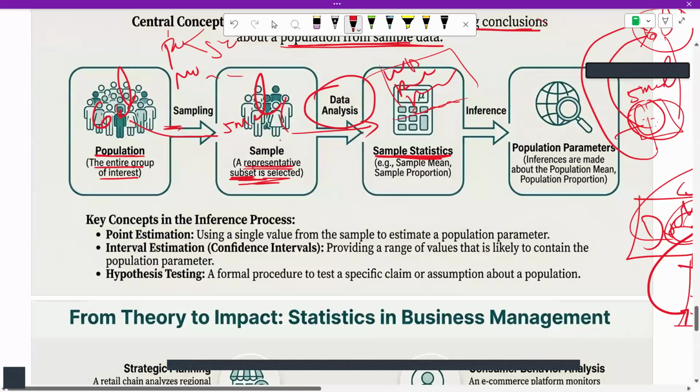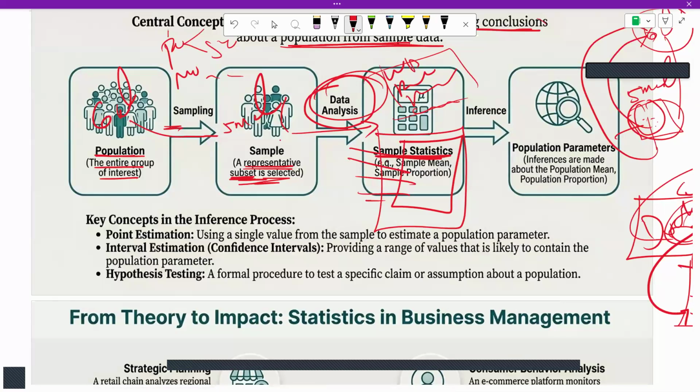And this test is a data analysis, and he prepared this. He summarized this in a report, and then the summary will be used to generalize the finding to the population.